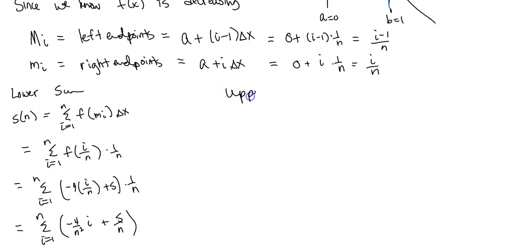Now if we want to find the upper sum, it's going to be very similar, capital S of n. It's just going to be, instead of lowercase m sub I, we're going to use capital M sub I times delta x.